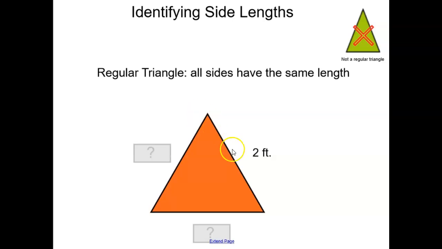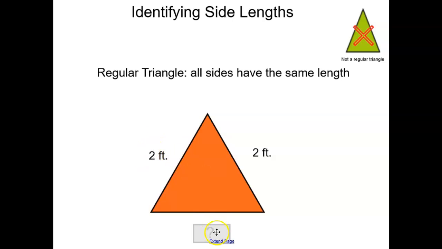We know that this side length is 2 feet. But we know a characteristic of regular triangles is that all sides have the same length. So I know right away if this side length is 2 feet, then the 2 remaining side lengths are also 2 feet.